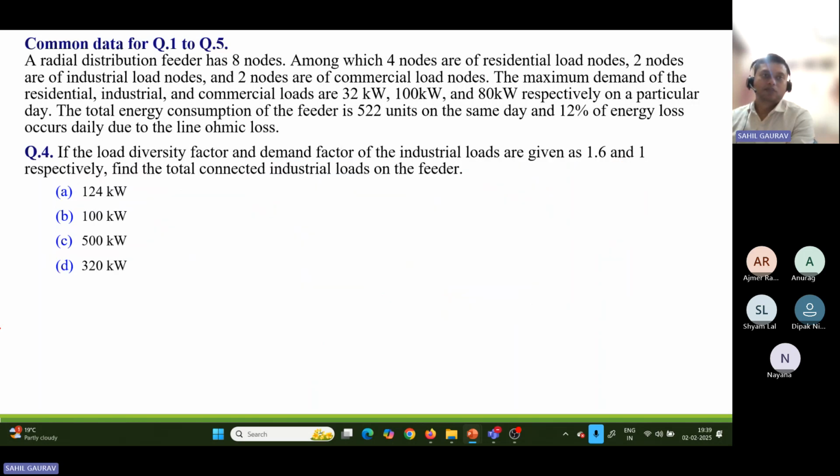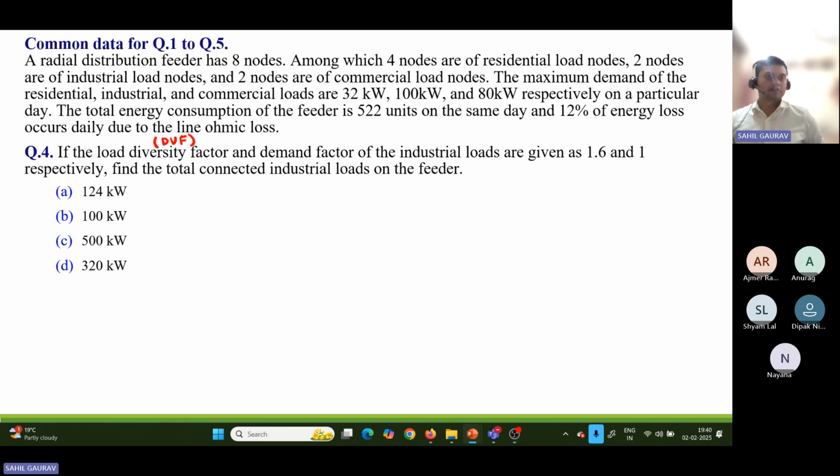Now moving to the next problem. In this problem, the load diversity factor and demand factor of the industrial load are given. We have defined the diversity factor as DVF because we are writing DF for the demand factor.